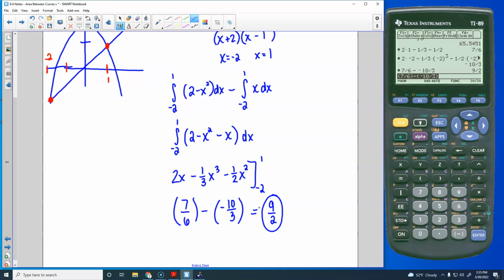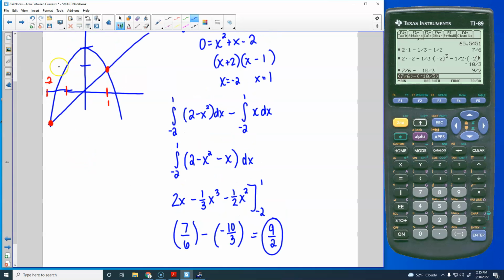Everything I give you tonight, with the exception of one problem that's a little bit different, I'm not going to tell you about it. I want to see if you can figure it out. There might be one that's a little tricky. But everything I'm going to give you tonight will just have a top function and a bottom function. So it'll be bounded by that region, the only enclosed area you would have here. So that's all we'll see tonight. We will look at ones where there's more than one intersection point, but just not today.